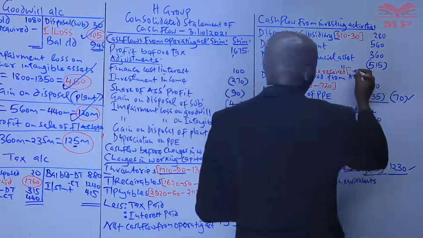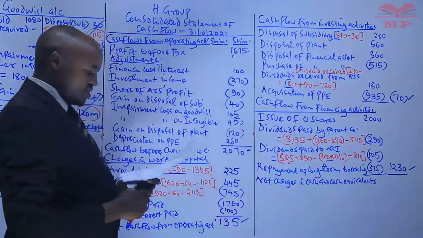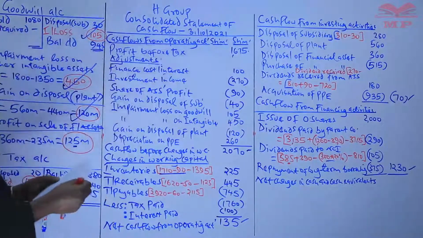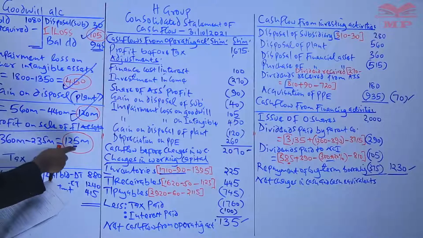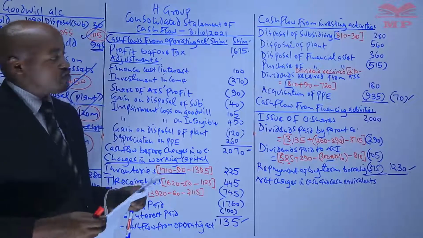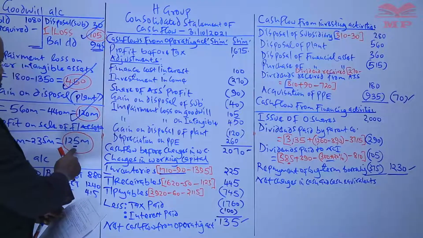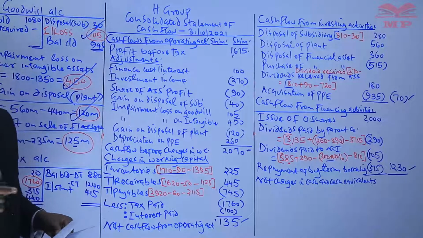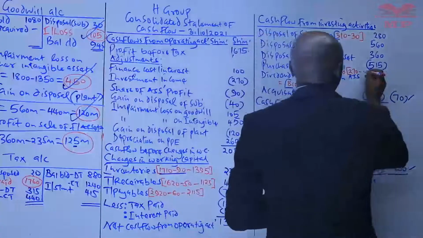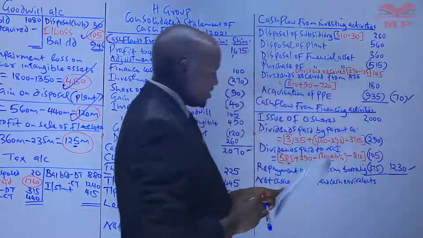That investment income is 270, but in the last paragraph of note 5, the profit on the sale of financial asset, 125, was part of this 270. So that 270 comprised of two components: this gain of 125 and the dividend received. To get the dividend received, we take 270 minus the profit on the sale of financial asset, and that will give us 145, which is a cash inflow.